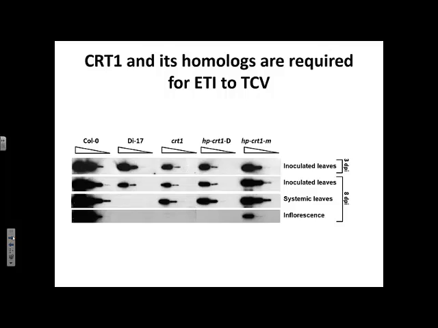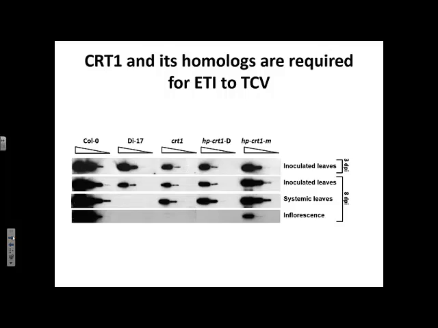We rarely see Di-17 carrying TCV, suggesting that Di-17 rarely allows the systemic spread of the TCV. That's the indication of the resistance of HRT. We examine the CRT1 mutant. Now this one is beginning to allow the systemic spread of the TCV.